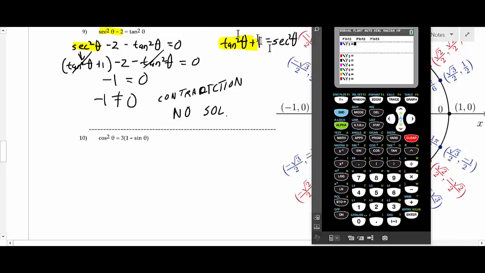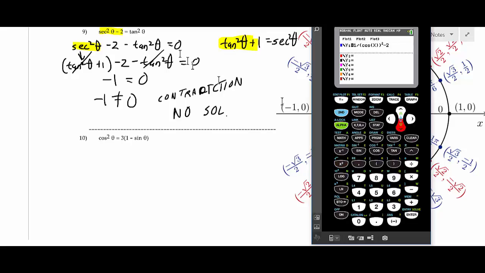If you're going to put a secant in, the only way to do that is to go 1 divided by parentheses cosine of x, and then the whole thing squared, like that. That's how you do secant squared, because we know it's 1 over cosine. Then I'll put in the minus 2 like that.